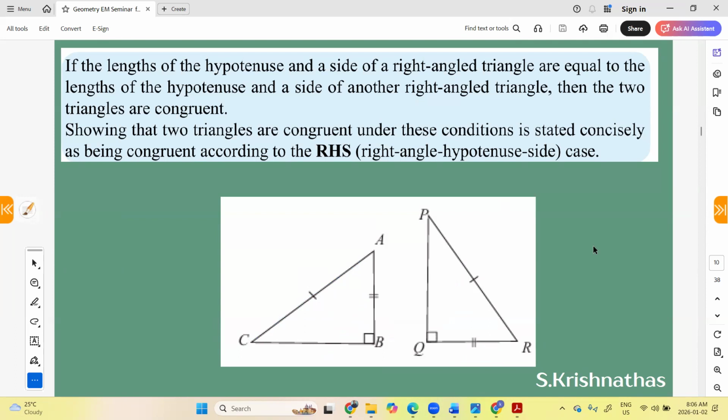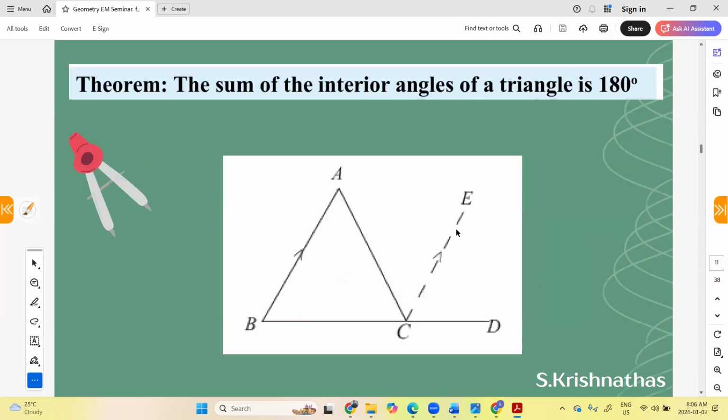Students, we learned the four conditions: side angle side, angle side angle, side side side, and in the right angle triangle, hypotenuse side. Right, okay. Next, students, the sum of interior angles of a triangle is 180 degrees.